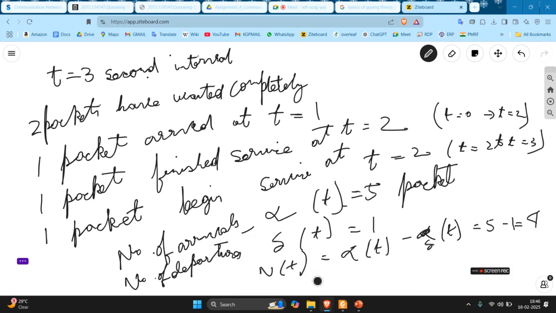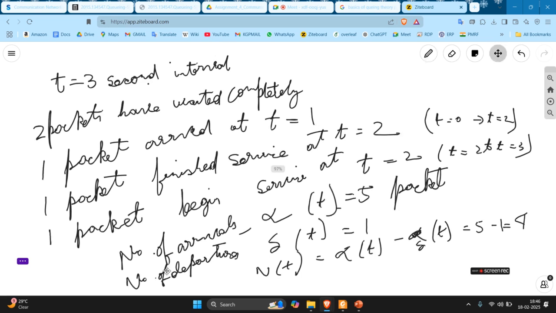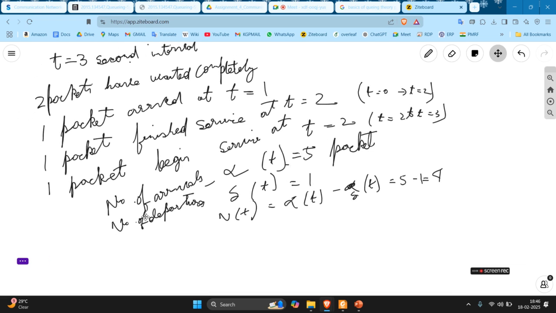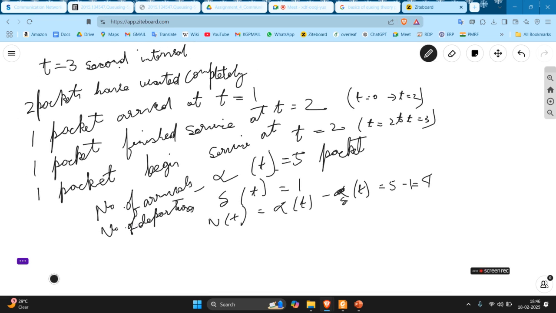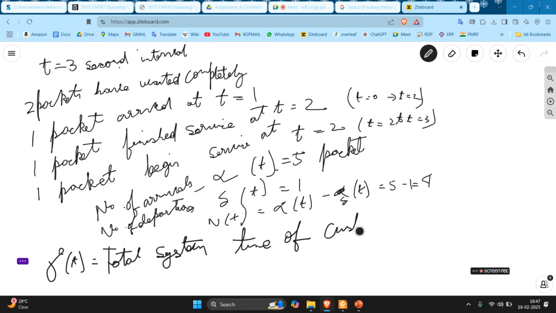Now, what is gamma(t)? Gamma(t) is the total system time of all customers. So individually, what is the system time of the first 2 packets? They have waited completely. So 3 plus 3. They both waited 3 seconds. One packet arrived at t equal to 1.